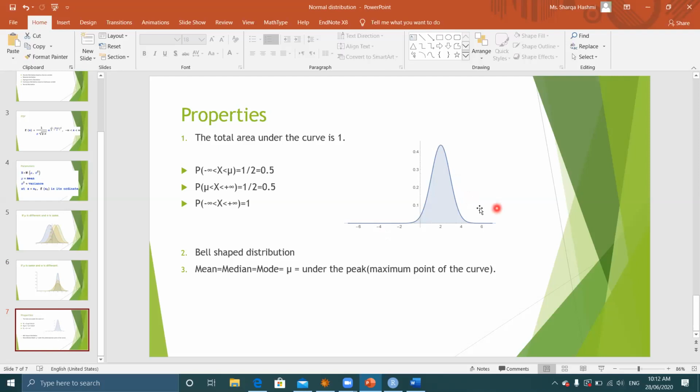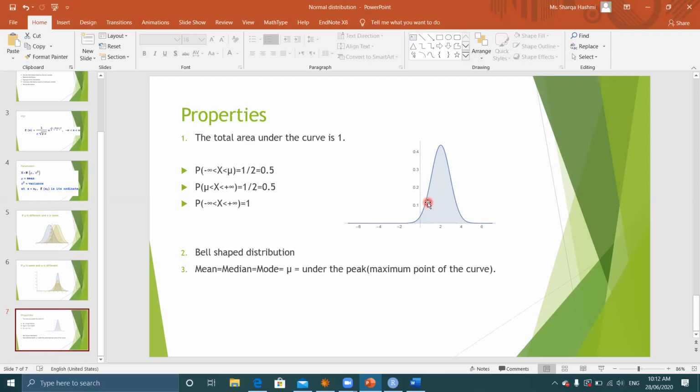You can see it starts from -6 and goes up to +6. So the gray area under this curve is 1. Every distribution of the normal curve has total area under the curve always equal to 1.